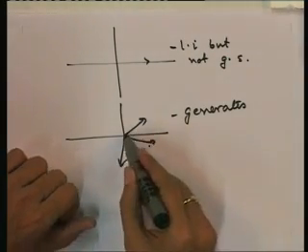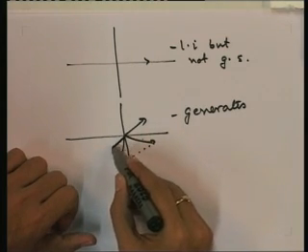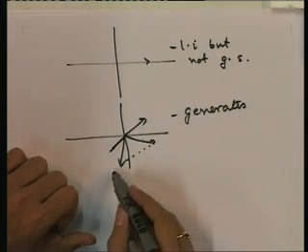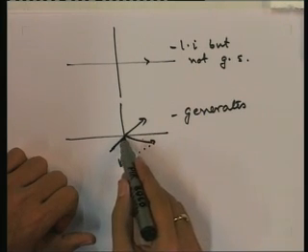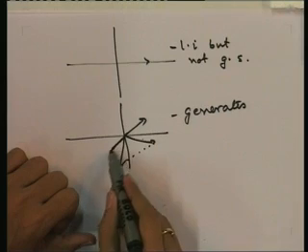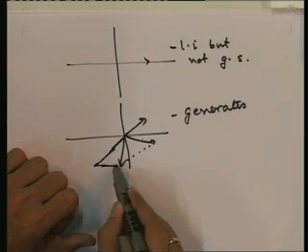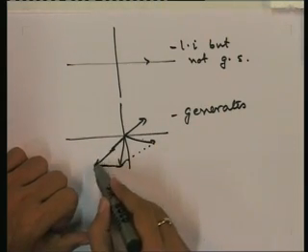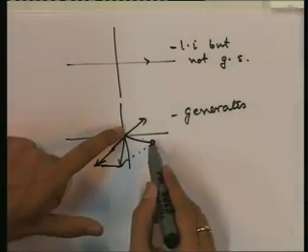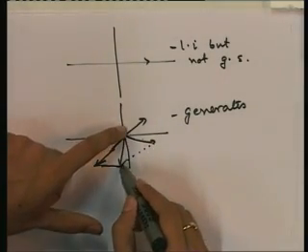For example, if we have this, this is a scaled version of this, and this is just as it is. If we add these two, we get this.